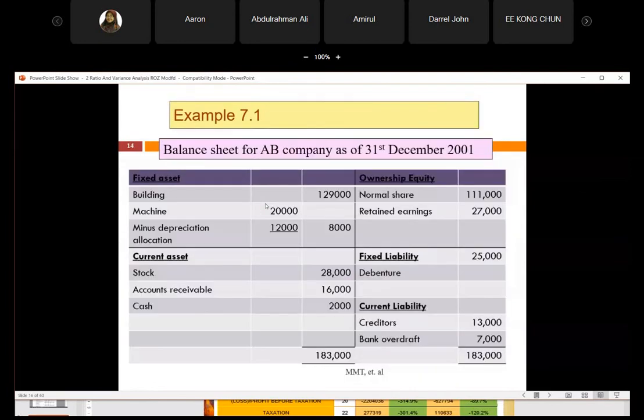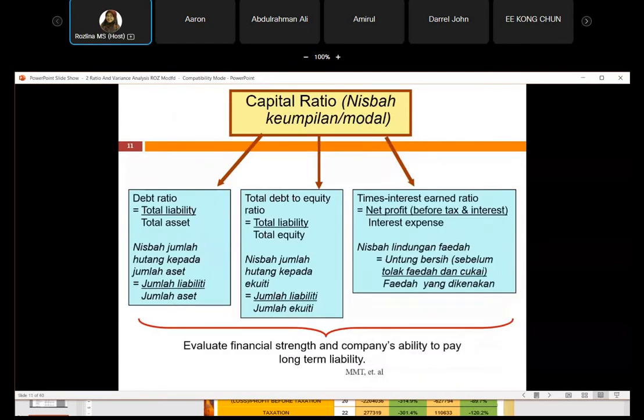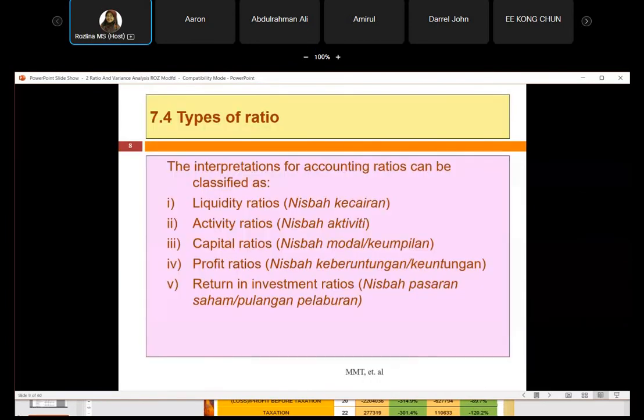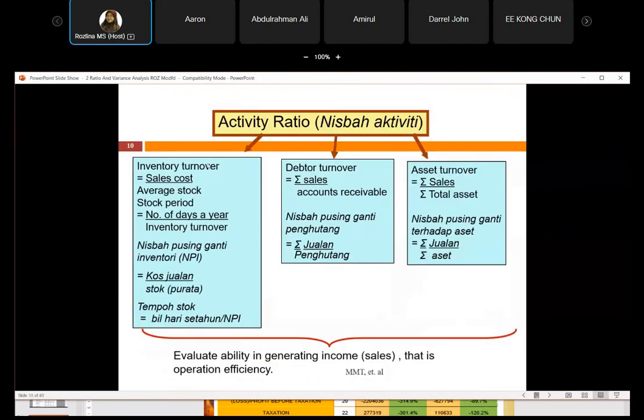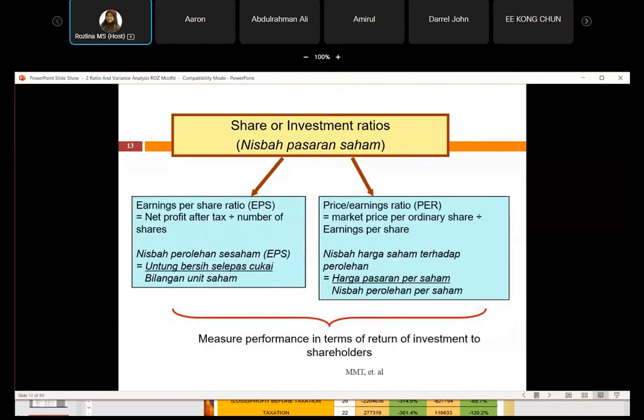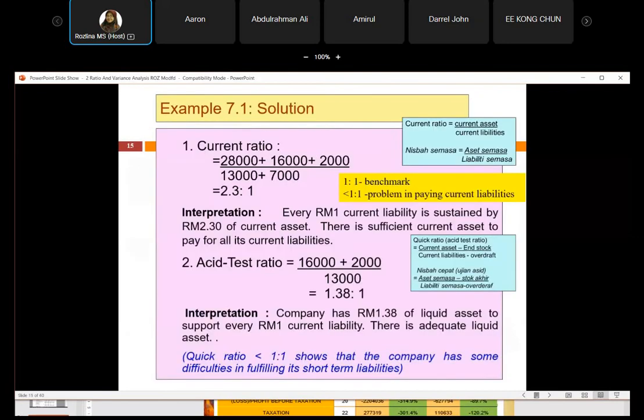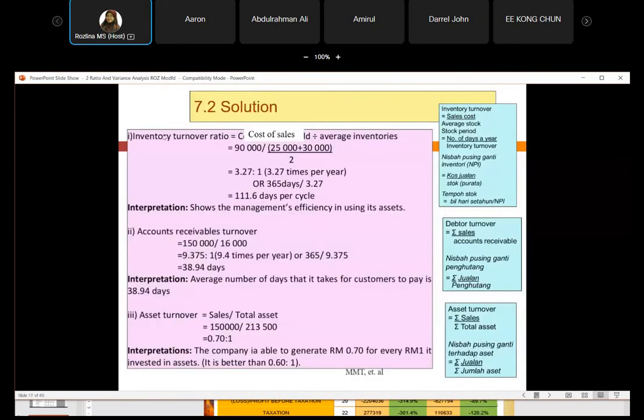It is not in here. Okay, activity ratio. Inventory turnover, there was debtor turnover and asset turnover earlier. It did not say activity only. Current ratio. Oh, this is it. Right, this one is the activity ratio.